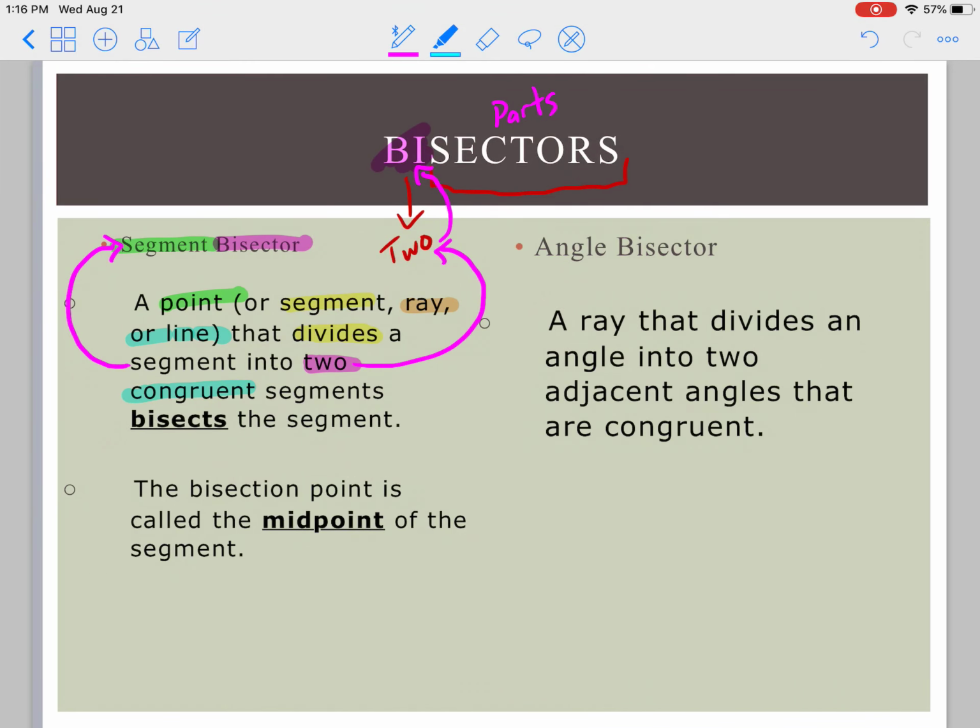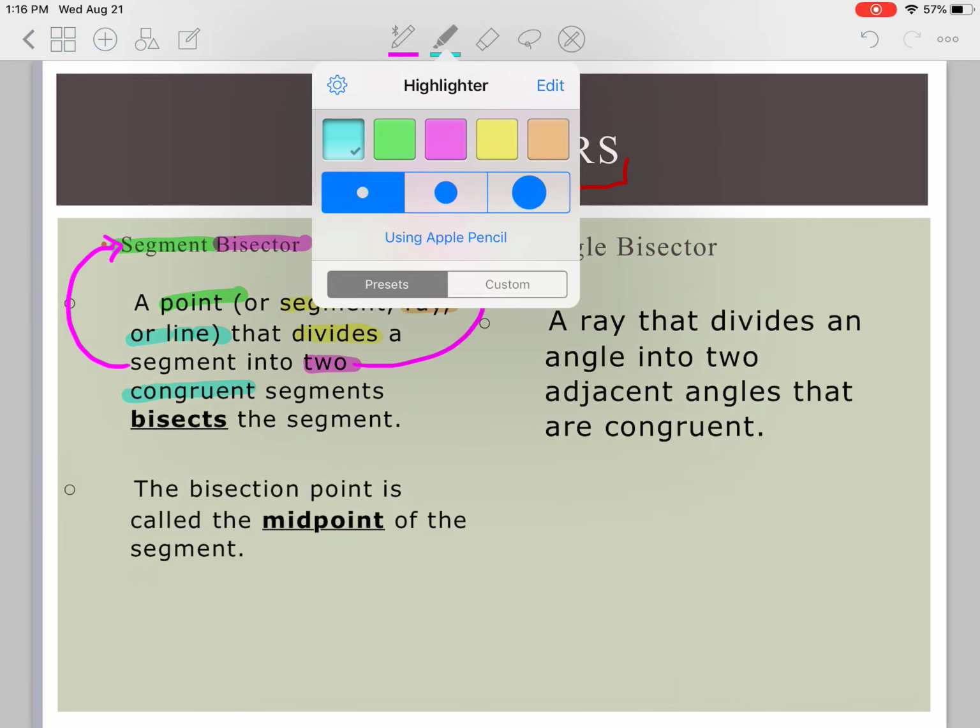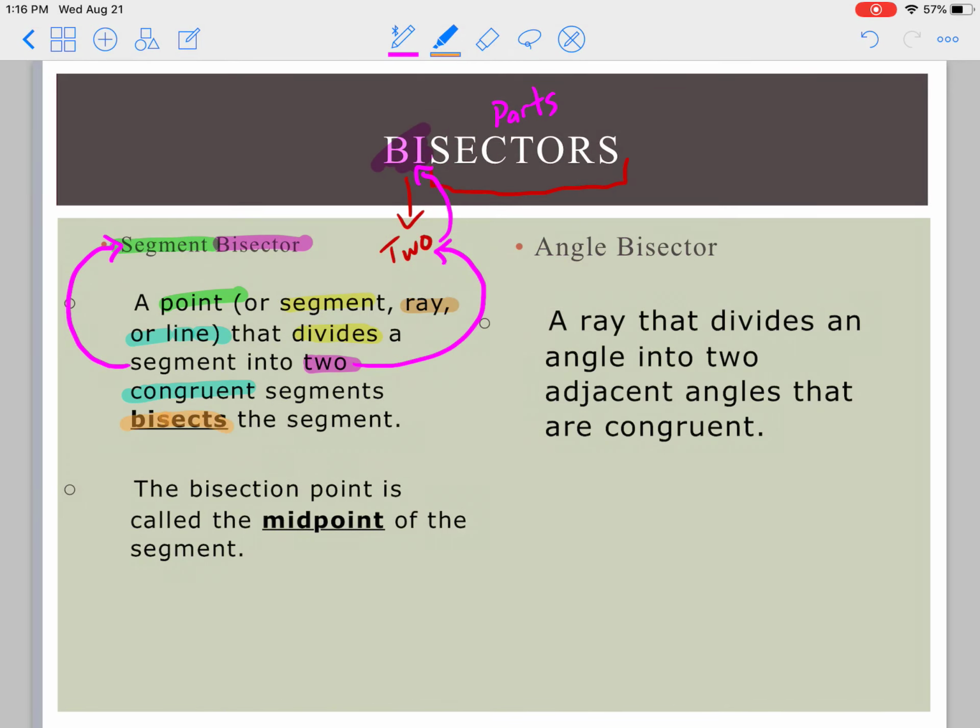So if we have a point, segment, ray, or line that divides a segment into 2 congruent or equal segments, then we will say that it bisects or divides the segment in general, but more specifically into two congruent segments, okay?